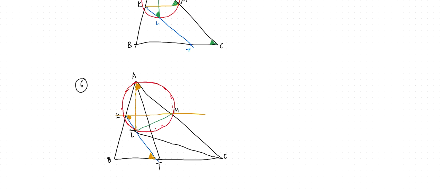Although I don't know if this is necessarily good. Actually I think that we can do it in another way. We have angle CLT equal to angle KAL by tangency. CLT equals KAL by tangency.